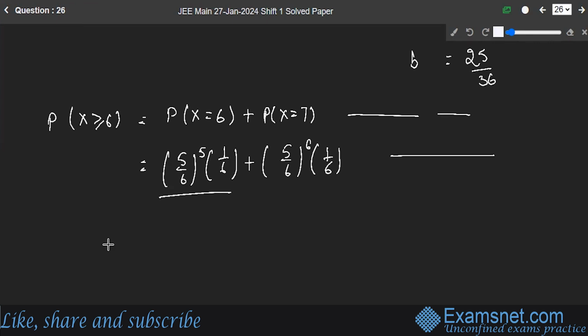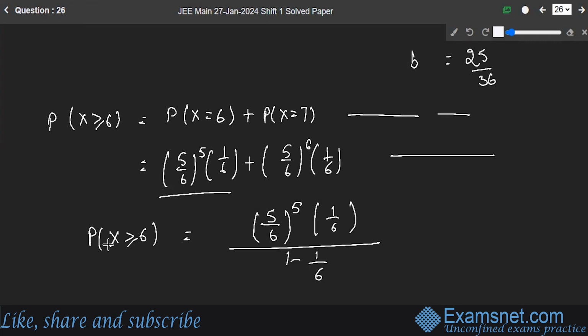Common ratio is 1 by 3. So the probability that x is greater than 6 attempts is given by 5 by 6 raised to power 5 into this upon this. So this is 5 by 6 raised to power 5 into 1 by 6 upon 5 by 6. So this will cancel.